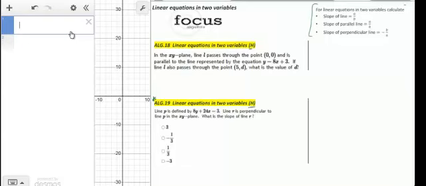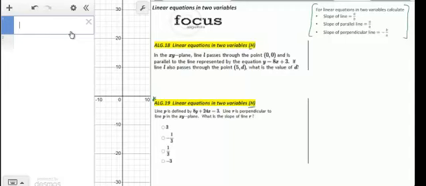Again, I provide some notes about slopes of parallel and perpendicular lines. I'll talk about it briefly before we do the problem, but that's the information this question is based on. All right, so I'm going to go ahead and talk through this.